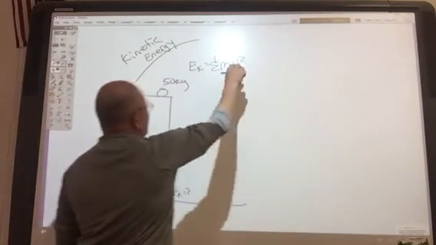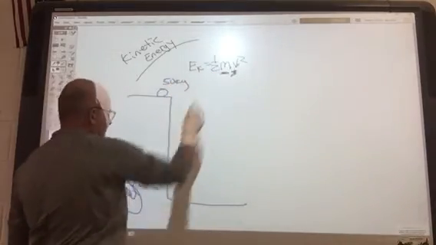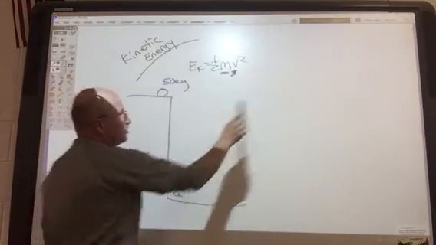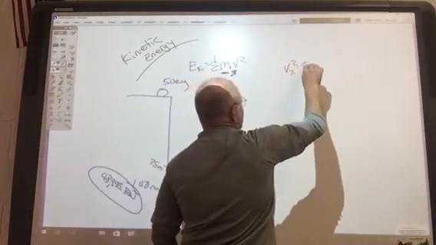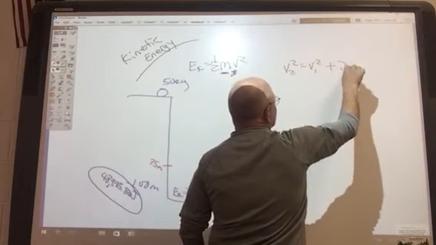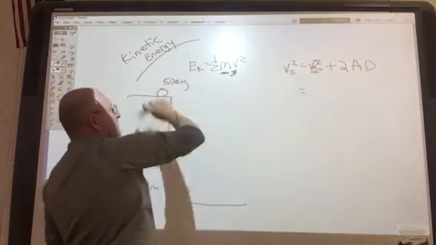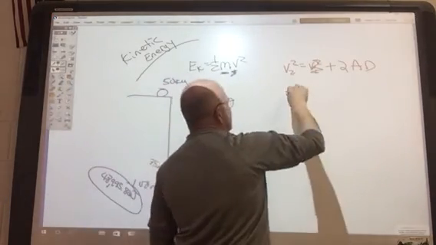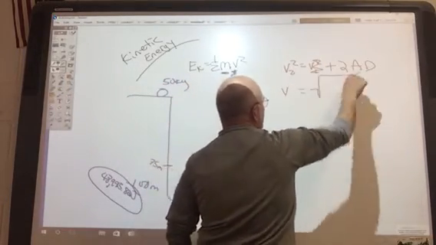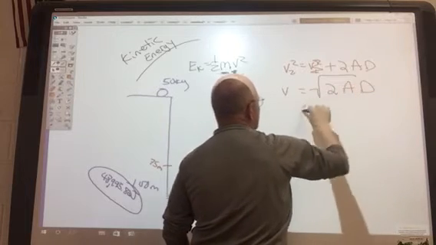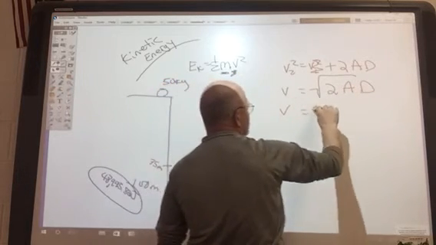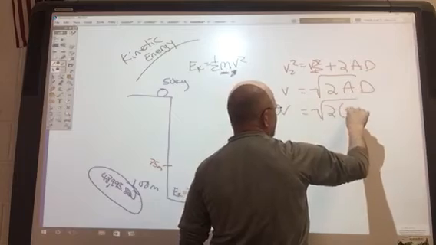And so to do that, I have a mass, I know that, but I don't have a velocity at 75. So what I've got to do is use this formula again, and I'll write it all out so that you can kind of see it again. And then we know that this falls out because the initial velocity is 0. All right, and so this v then becomes the square root of 2ad. So I'll plug my numbers in, the square root of 2 times 9.8, that's right.